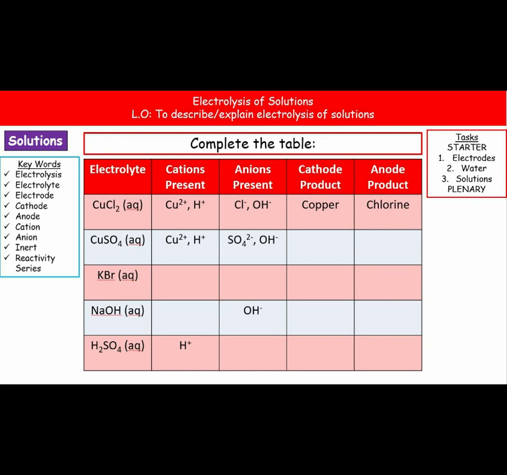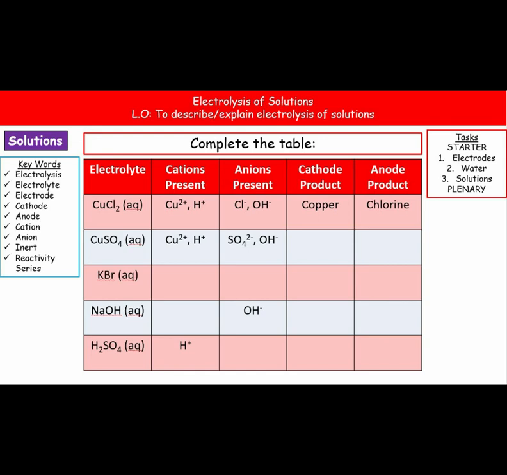So we start with copper chloride. So our cations are going to be the positive ions, remember. So we've got copper ions, and because it's an aqueous solution, we've got hydrogen ions. Then for the anions, the negative ones, we've got the chloride ion and the hydroxide ion.